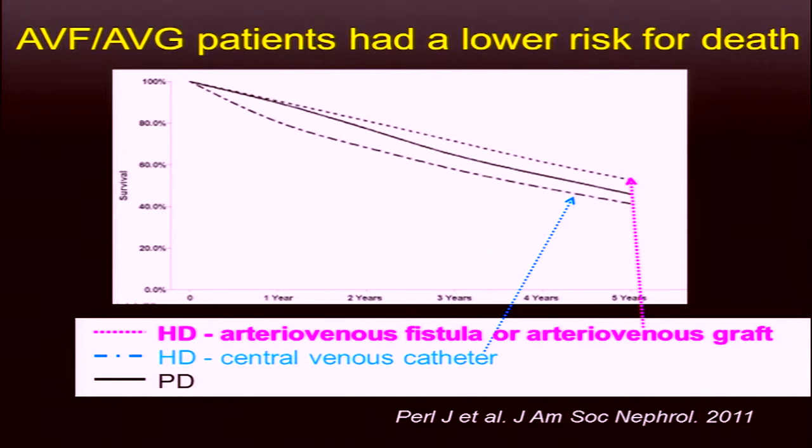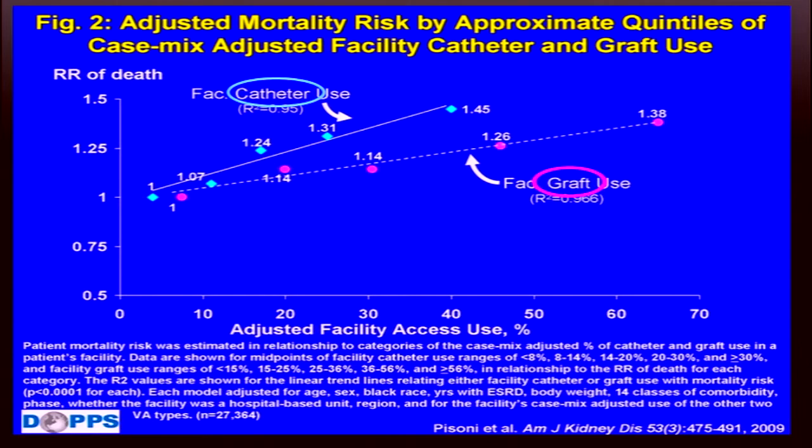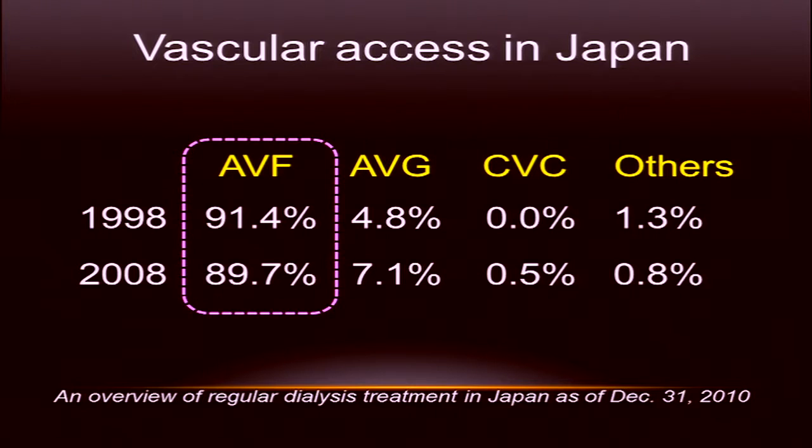Fistula has better survival. And this is from the DOPPS data showing that graft provides better survival than catheter. And this is in Japan.